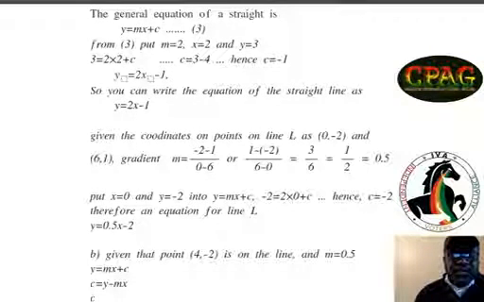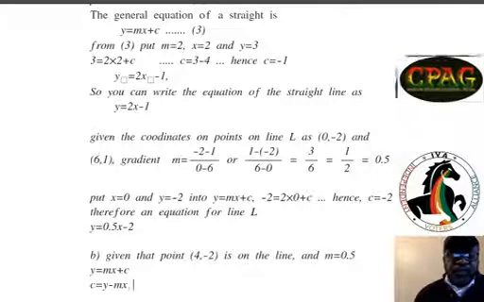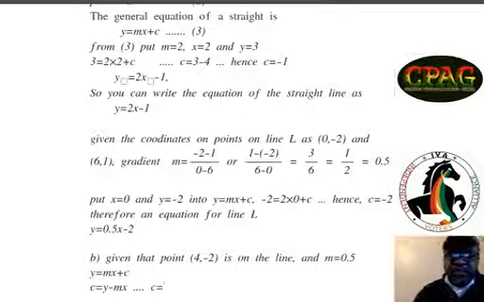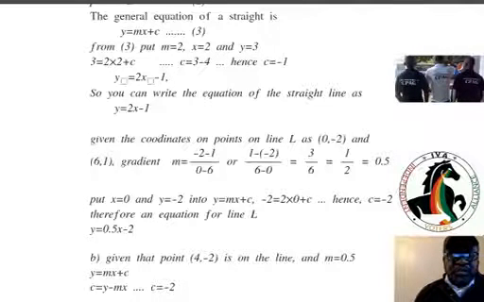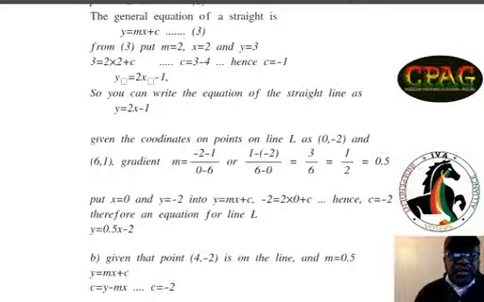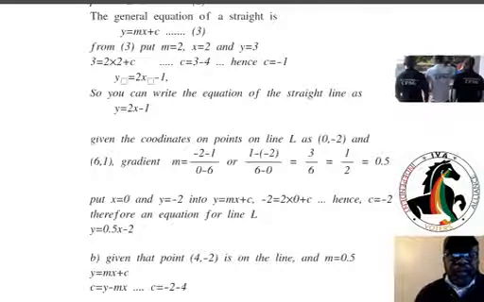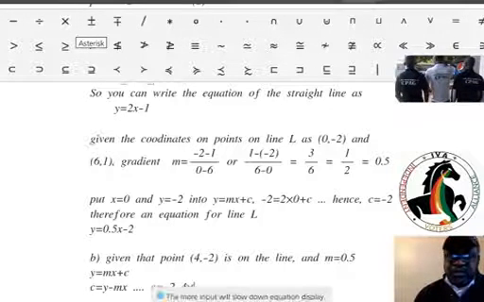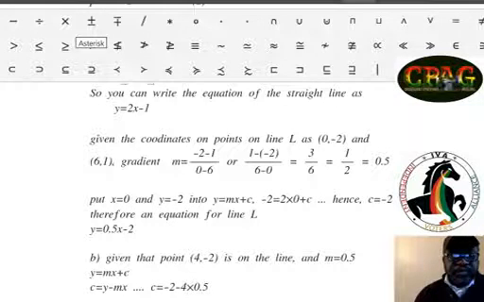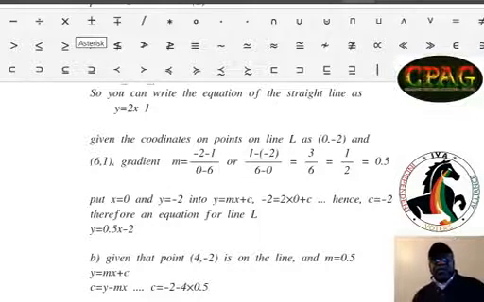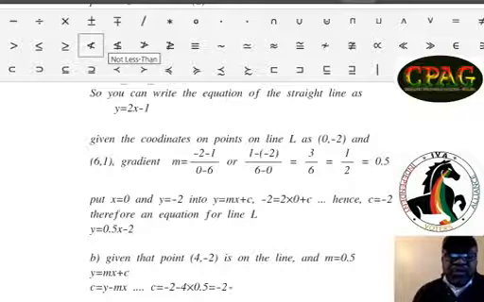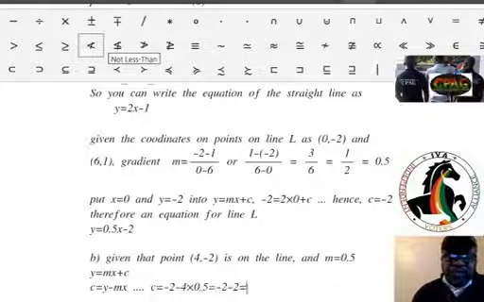C is equal to, put the values there, minus 2 minus 4 times 0.5. 0.5 is half, so you're going to get minus 2 minus 2, which is equal to minus 4.